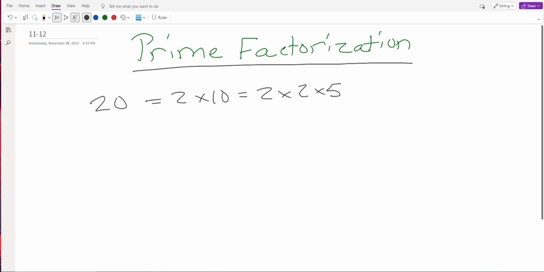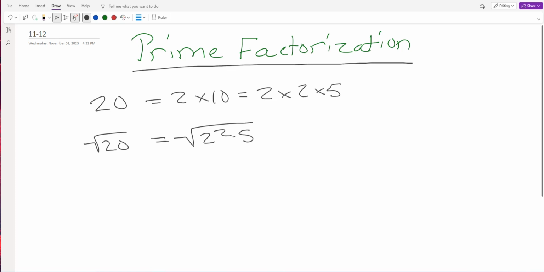This is really helpful when you're trying to figure out square roots, or whenever you're doing least common multiples, greatest common divisors. And one example, let's do the square root of 20. We can see that this is going to be equal to the square root of 2 squared times 5. And now because there's 2 of these 2's, we can pull that out.